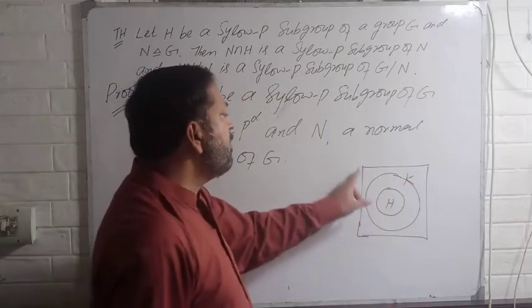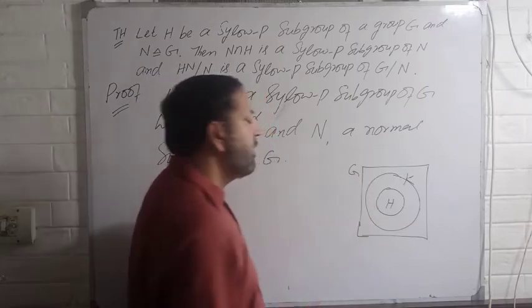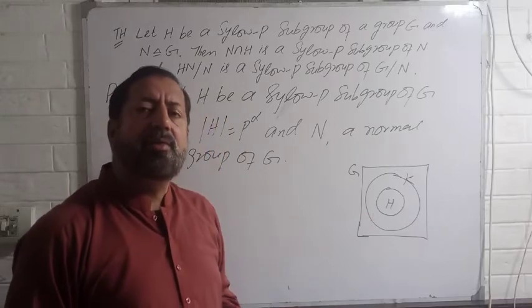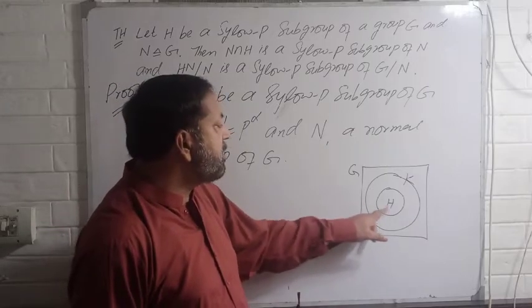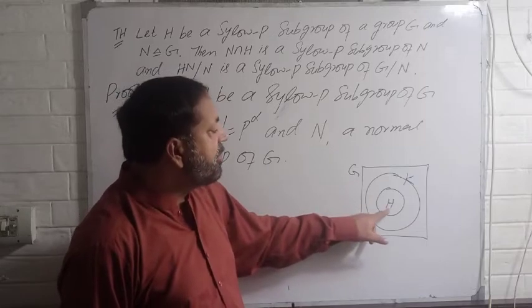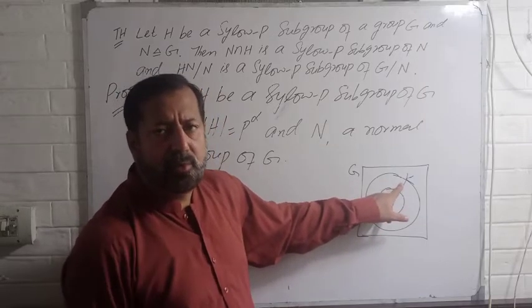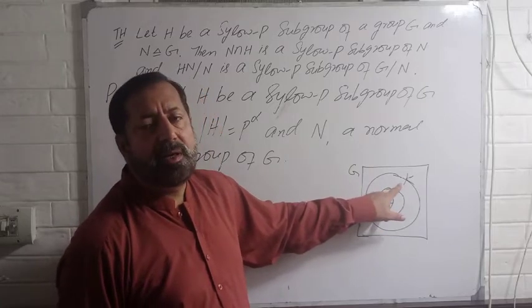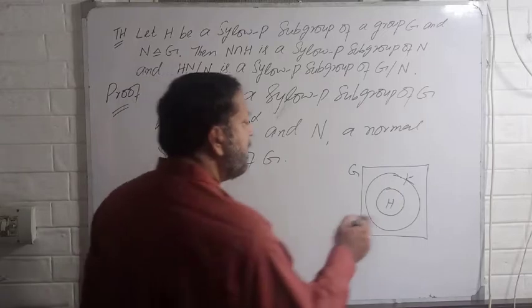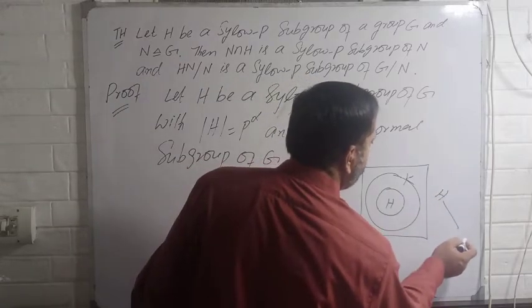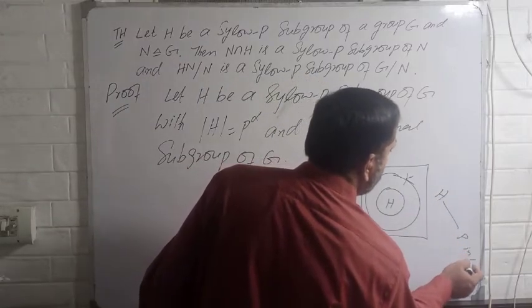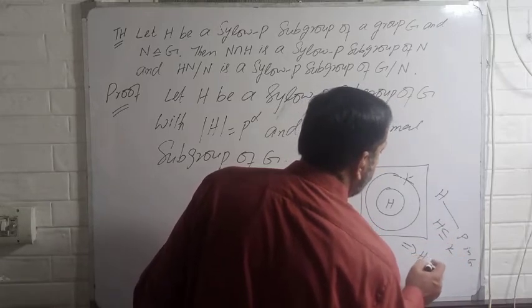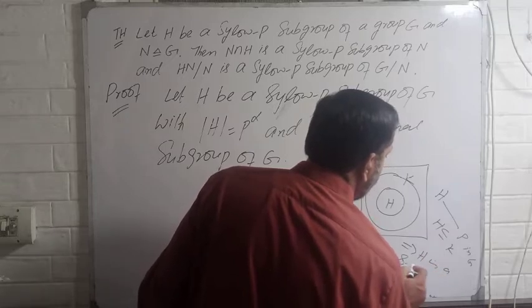If H is a Sylow-p subgroup of G, this is a very easy result, you can prove this. If H is a Sylow-p subgroup of G and H is contained in another subgroup K of G, then H must be Sylow-p in K as well, right?